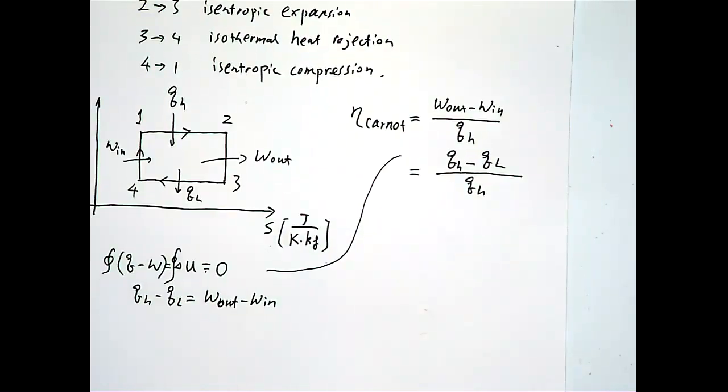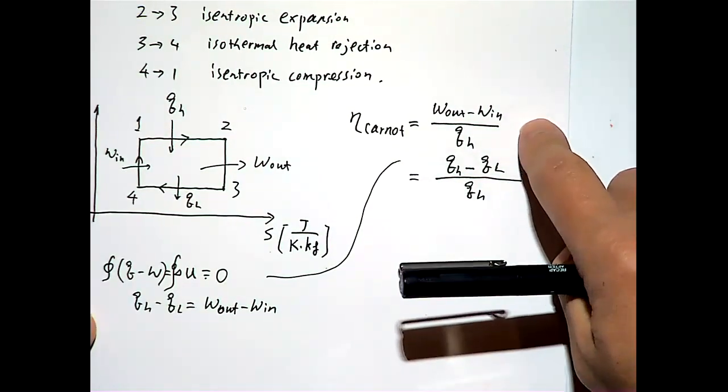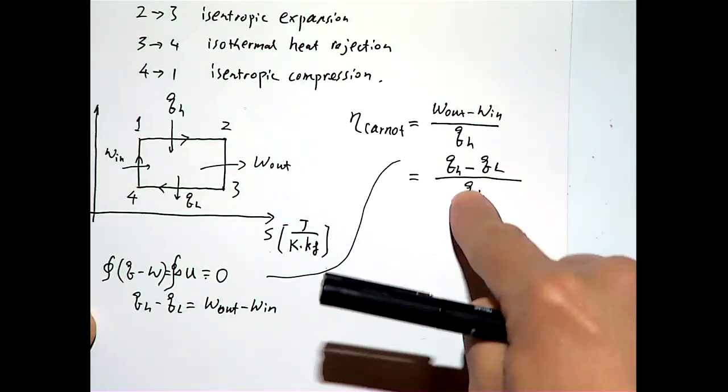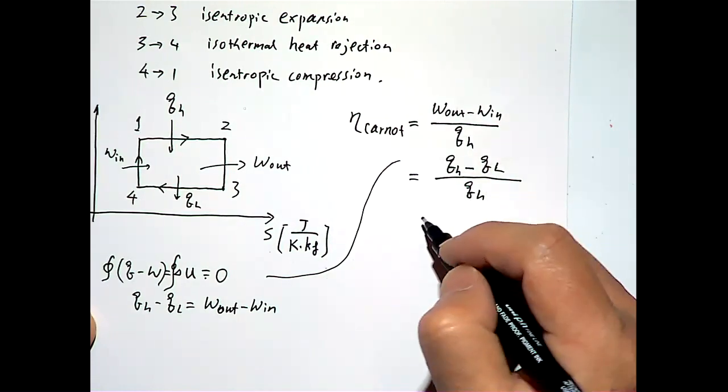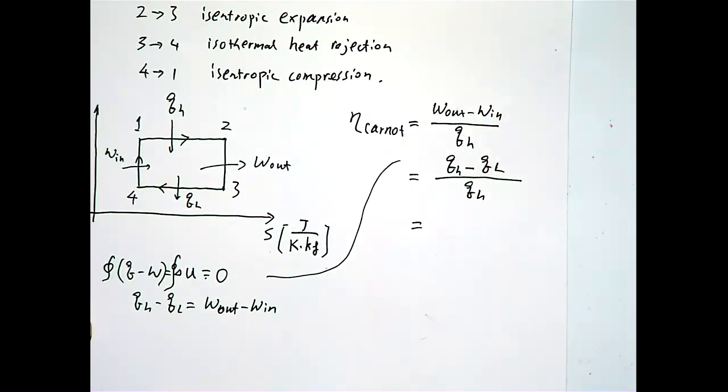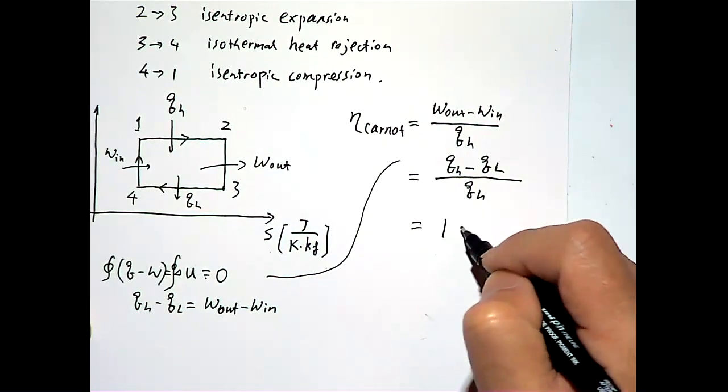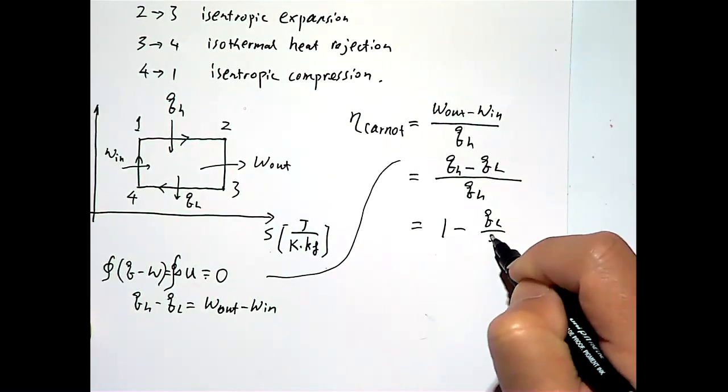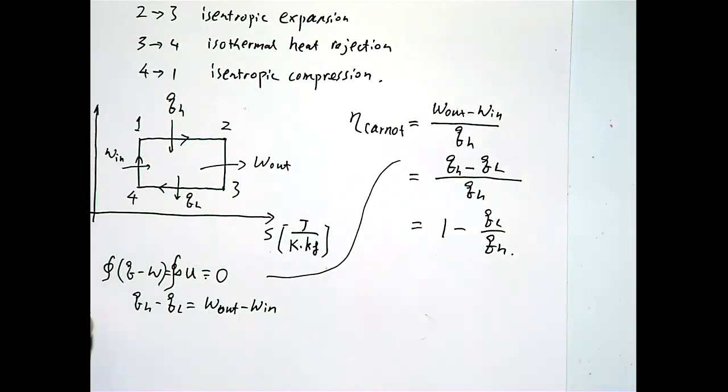Right, so that's why we can just rearrange the things here. And if we continue from there, we can write 1 minus QL divided by QH.